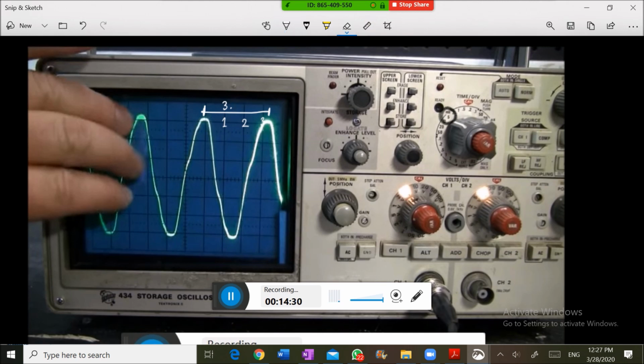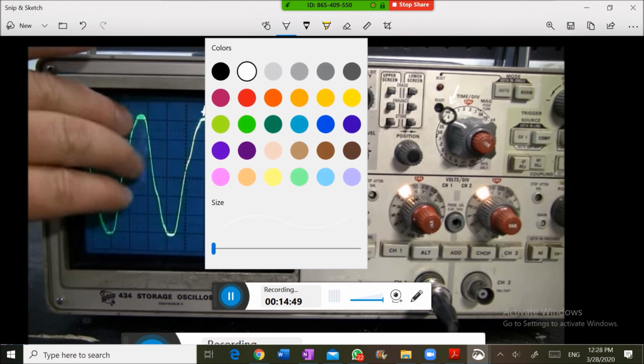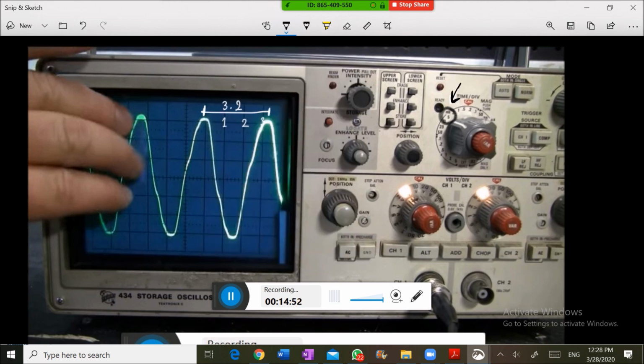So first of all, guys, to measure frequency, I have to measure the peak to peak distance. Then I have to multiply this peak to peak distance by the time base. Here the time base is 5 milliseconds.